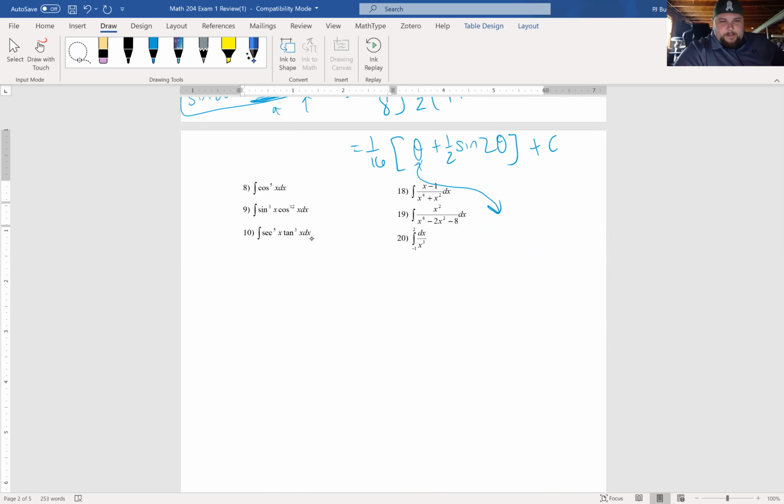So I am thinking we might be better served if we break off a secant and a tangent. And that'll get us both even numbers of secants and tans left behind. Which is good because the Pythagorean identities all have that relationship where it's even powers.